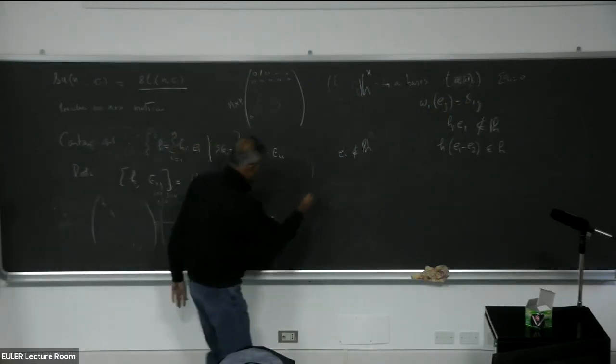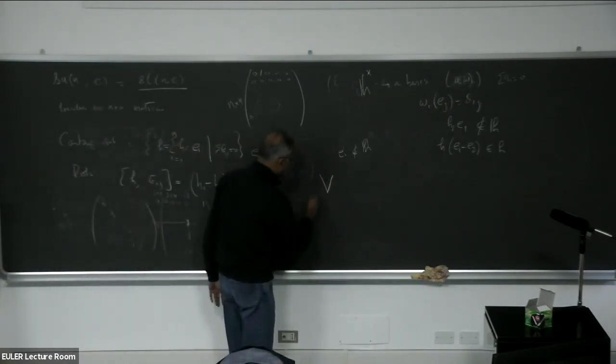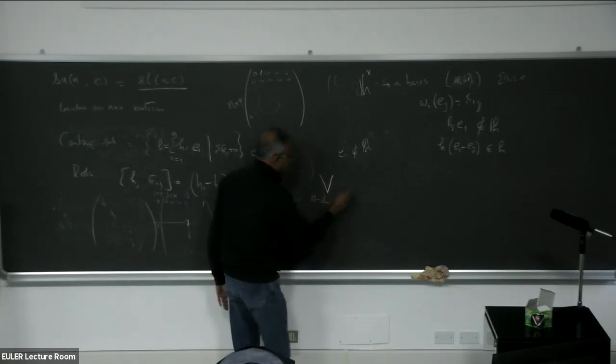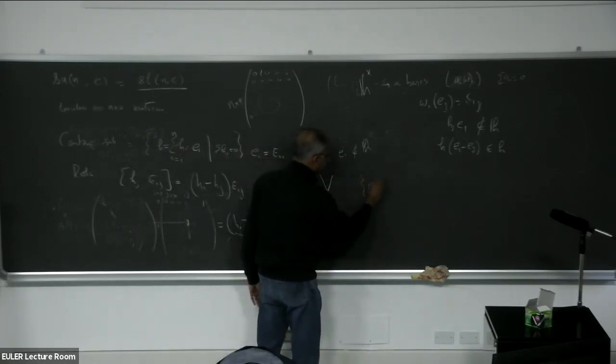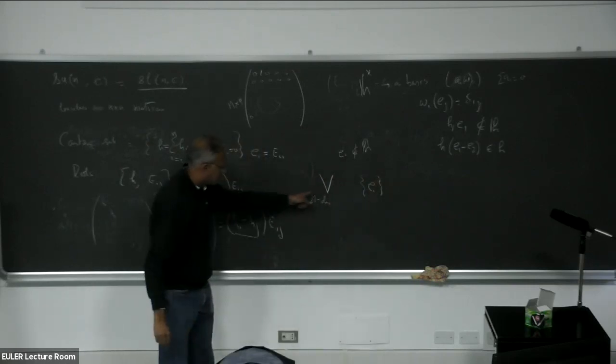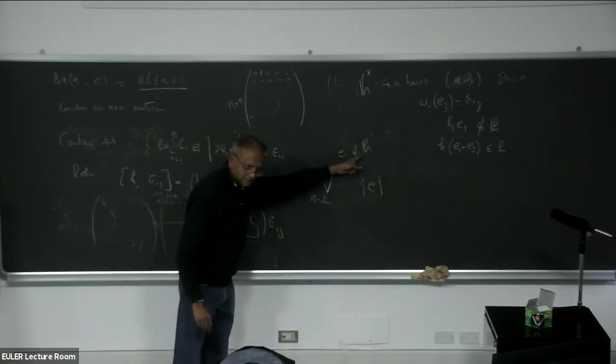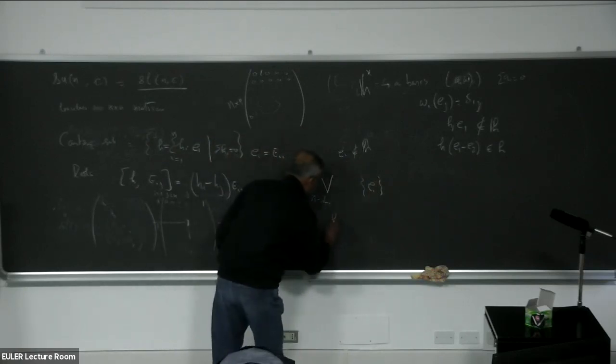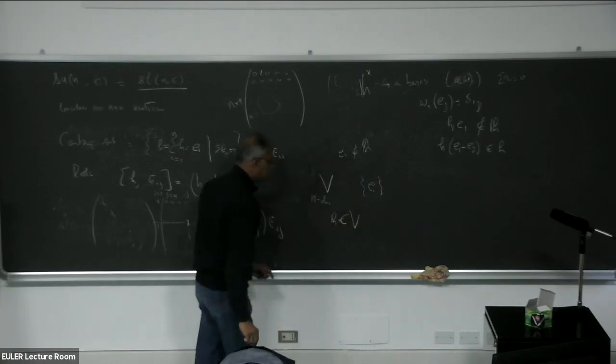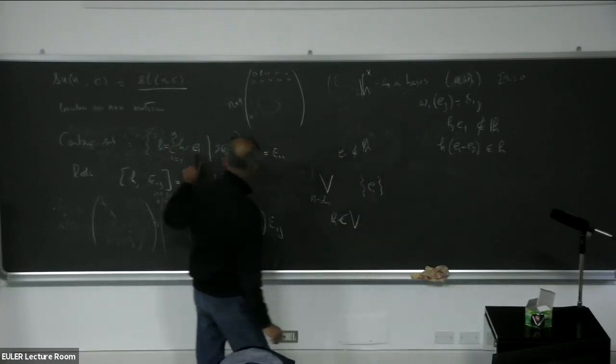So we start with some vector space V, which is n-dimensional. Its basis is E_i. V is bigger than H. The subspace H is contained in V, and is defined precisely by this condition.